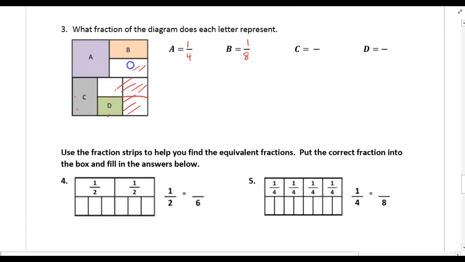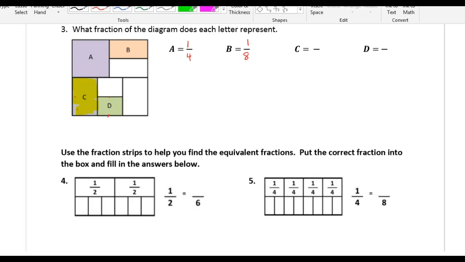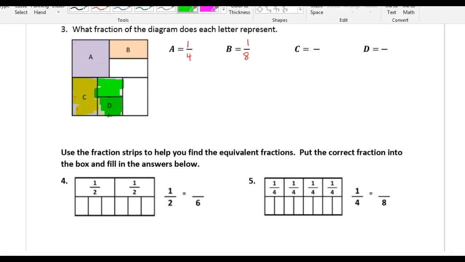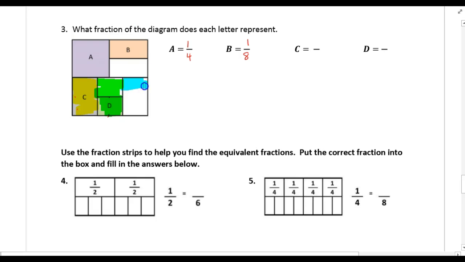Then C. If I look at C, this one's a little bit more difficult, right? But what you have to see is I have 1 here. Now, if I finish the bottom part, here's 2, and then here's my third one.